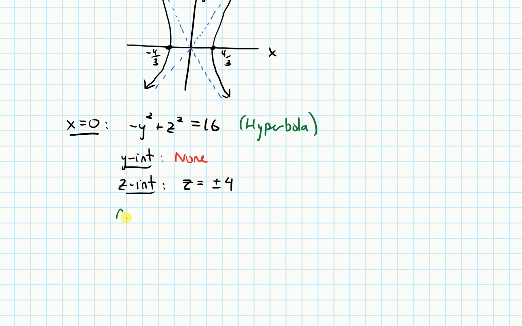For the asymptotes, we are going to do the same thing in terms of what we changed the 16 to. We would change the 16 to a 0. And after we do some work, we end up getting that y could be equal to z and y could be equal to negative z. So those are our asymptotes.